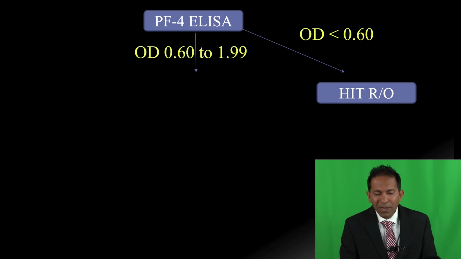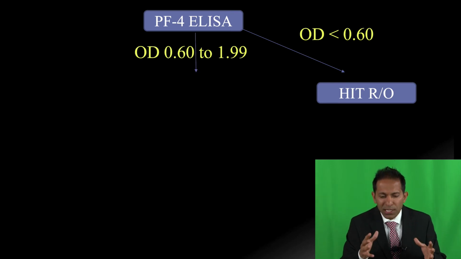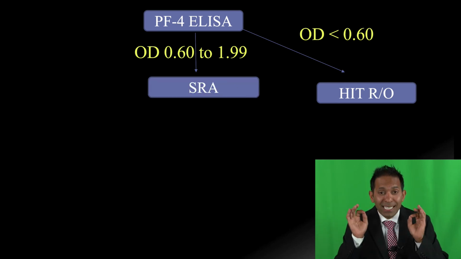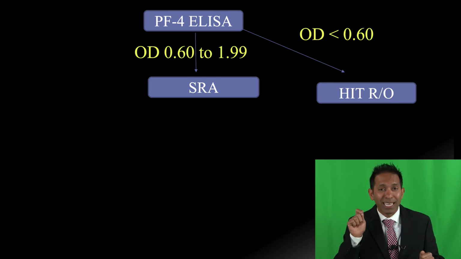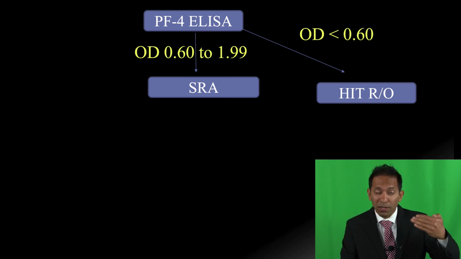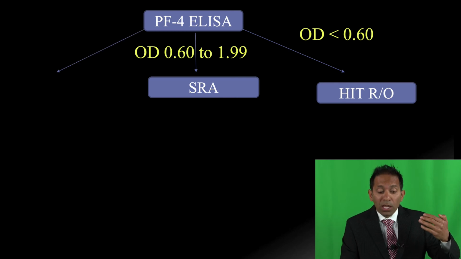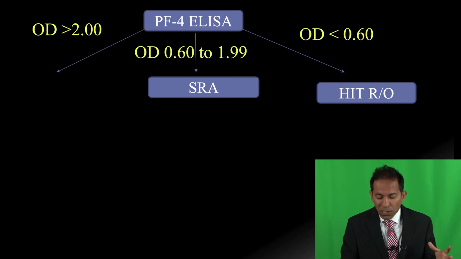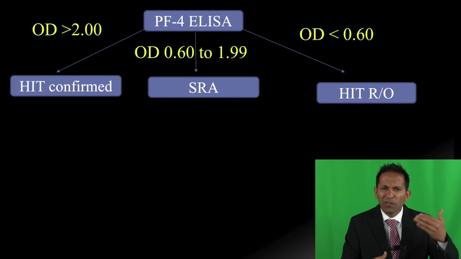If they give you optical density between 0.60 to 1.99, you should order serotonin release assay. Our patient optical density was 0.800, so that's why we ordered serotonin release assay. If they report optical density more than 2.00, this essentially confirms HIT.